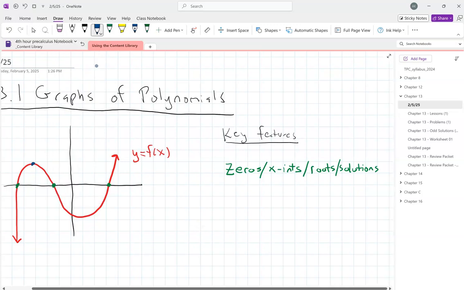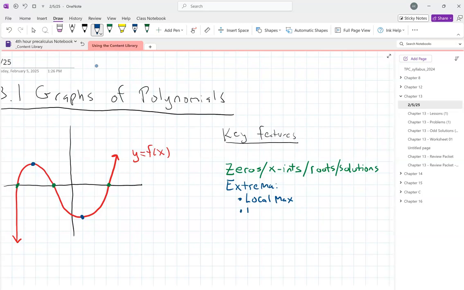We got like these guys right here. Those are extrema. And there's actually 4 different types of extrema. There's local maxima and local minima. And there's absolute or global maxima and minima.